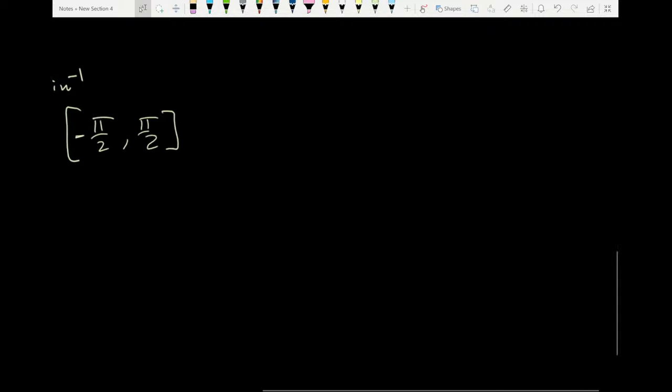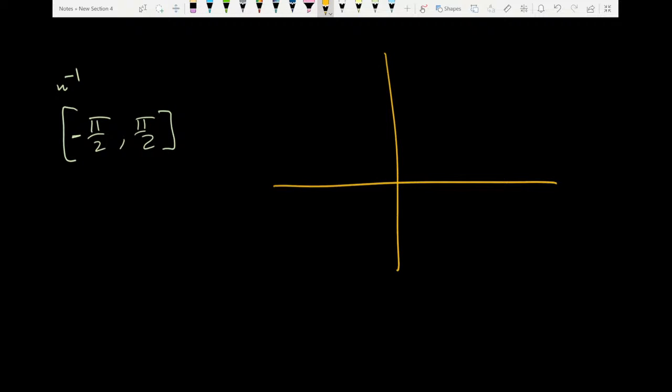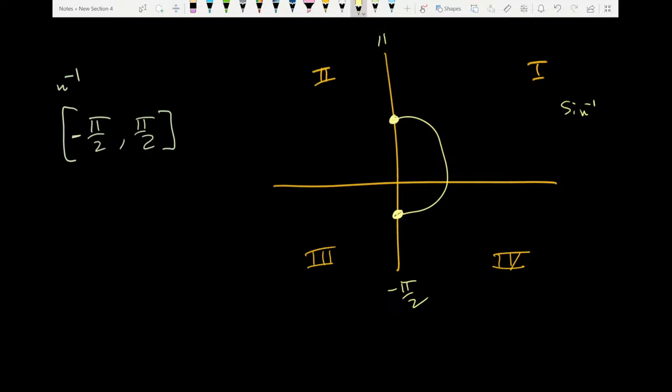So let's go back to this quadrant 1, 2, 3, and 4. Let me use this color for sine inverse. Sine inverse lives from negative pi over 2 to positive pi over 2. This is very crucial, about where they live and things like that. Because what else do we know?